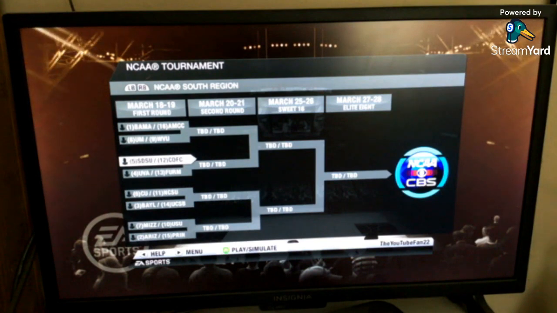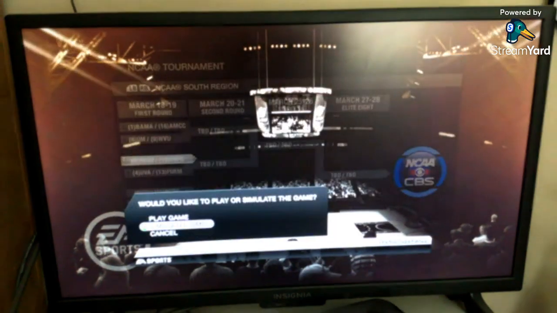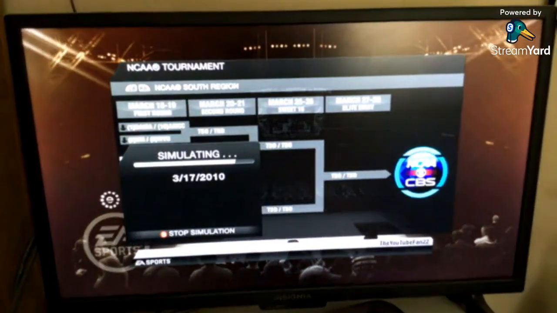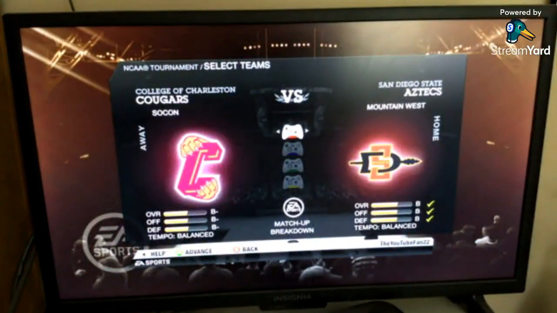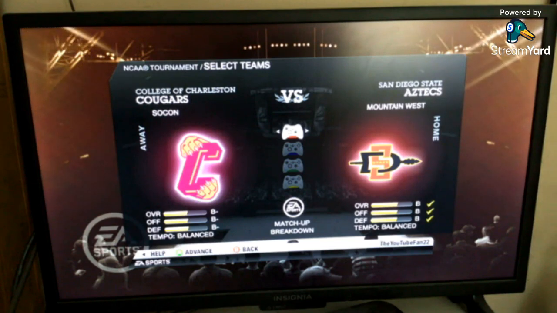Our first game is going to be San Diego State and Charleston, which is in the South region.